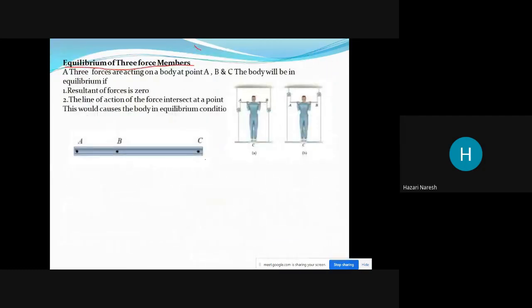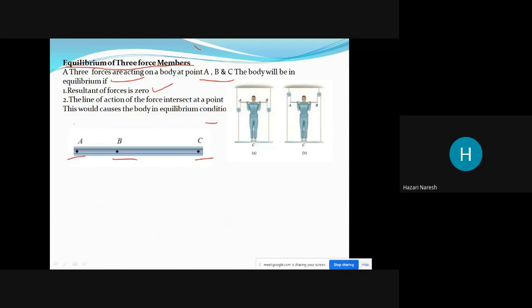Now for this ternary joint also there are some conditions when the object is in equilibrium. Say there are points A, B, C, it's a ternary joint. This type of joint is in equilibrium under several conditions. Let us see, the first condition is that the resultant of forces is 0.